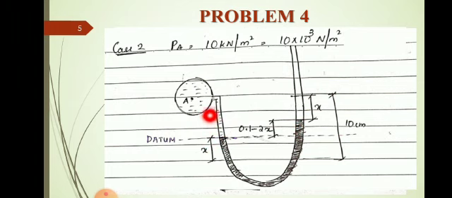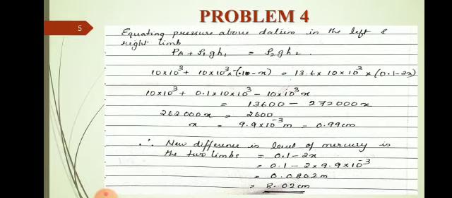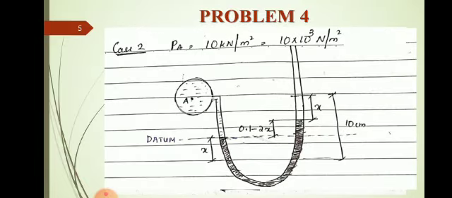So this height will be that 10 centimeter or 0.1 meter minus x. So in the left limb, pressure above the datum line will be equal to PA plus pressure due to a water height of 0.1 minus x meters.